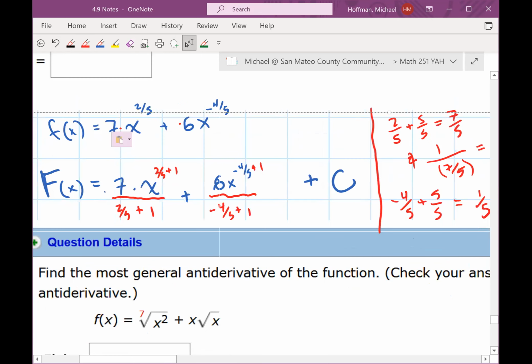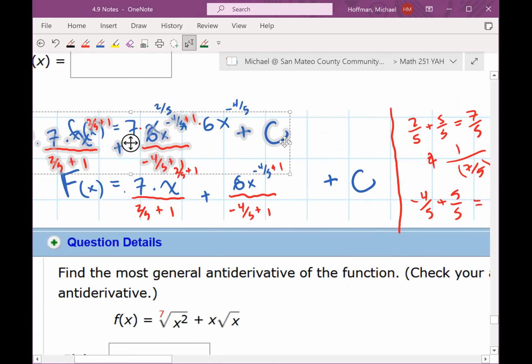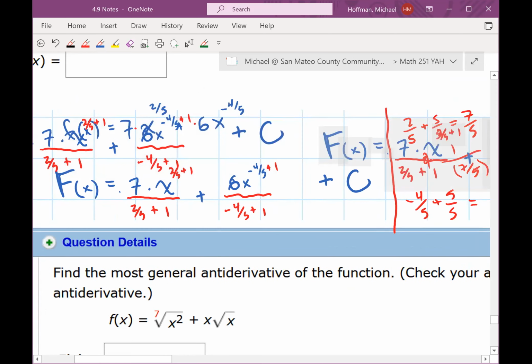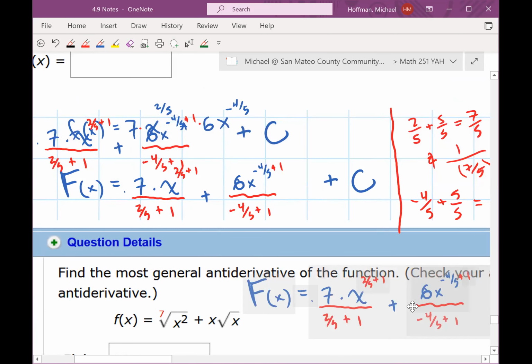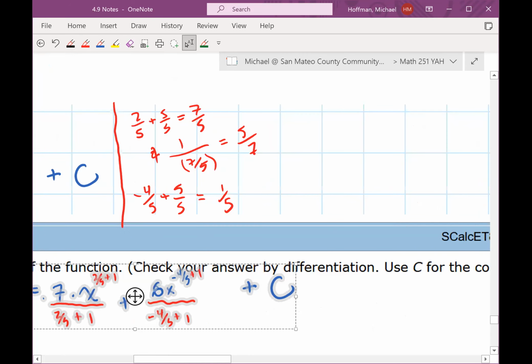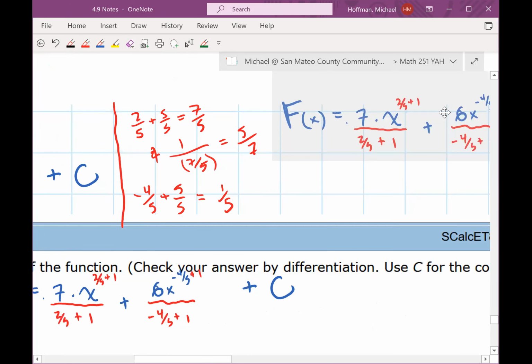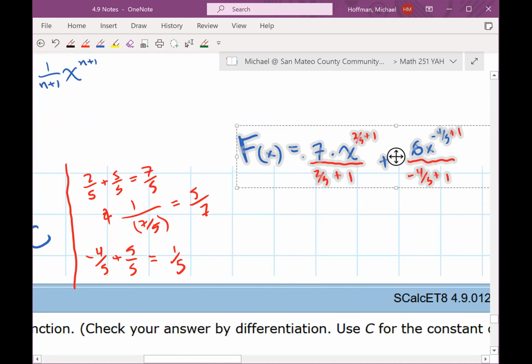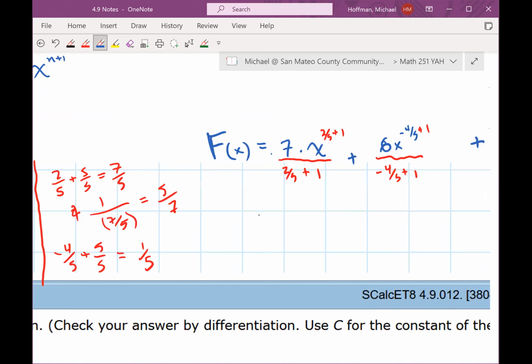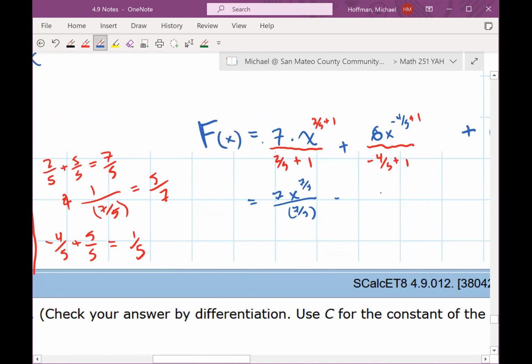Almost done. We're almost done. This becomes 7x to the 7/5 divided by, and I'm only going to do this once because in general I want us to get better at this, but I'll do it if you need it, here is 6x to the 1/5.